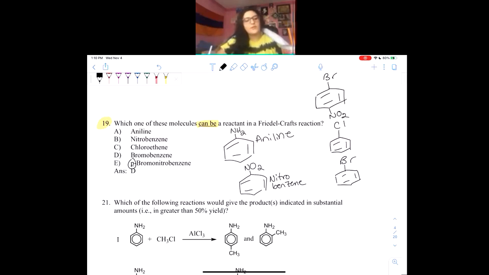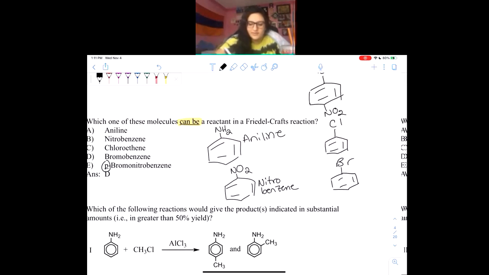If we're looking for something that can react with Friedel-Crafts, we're looking for anything that is not a strong deactivator and that is not NH2. So, of these options, which one can work? Oh, wow, I am a dunce. This doesn't say chlorobenzene. It says chloroethene.